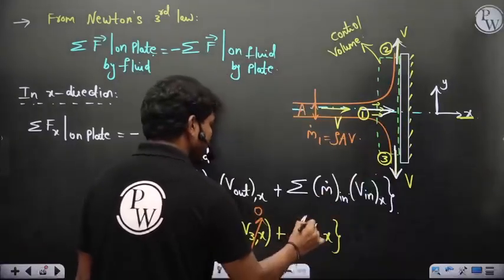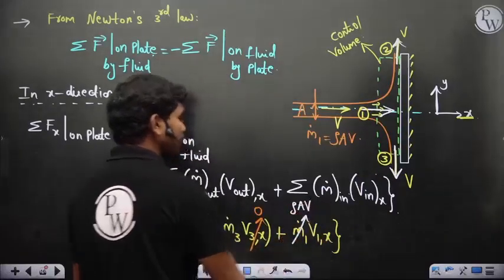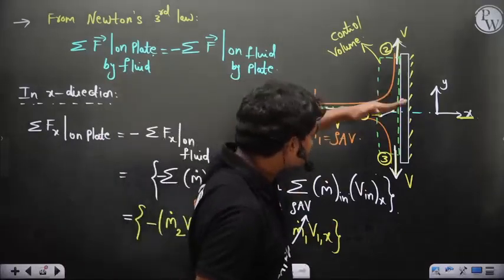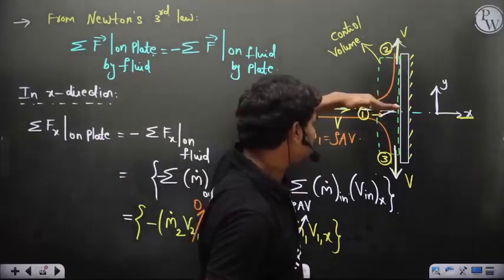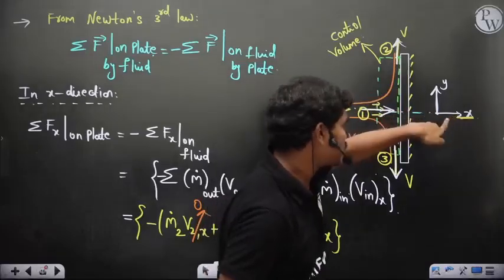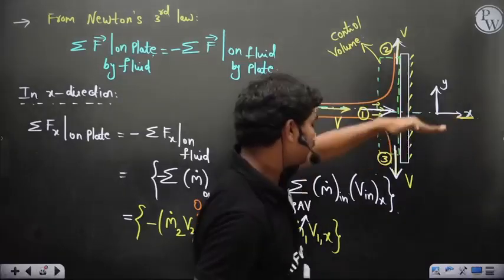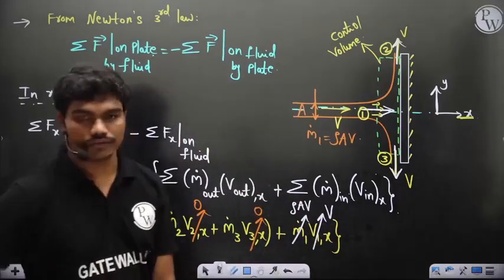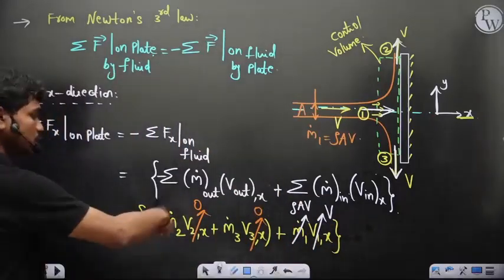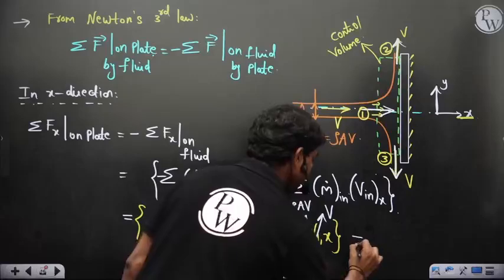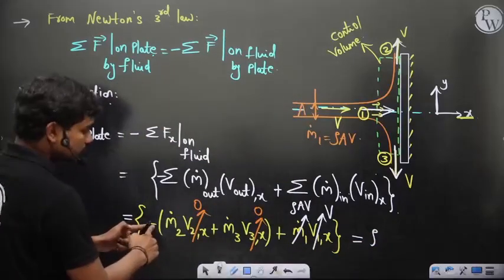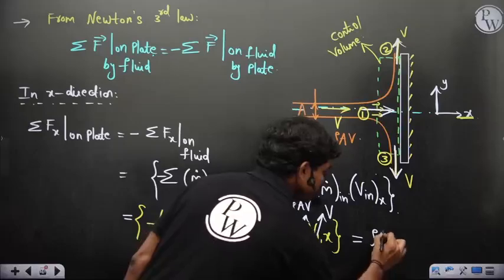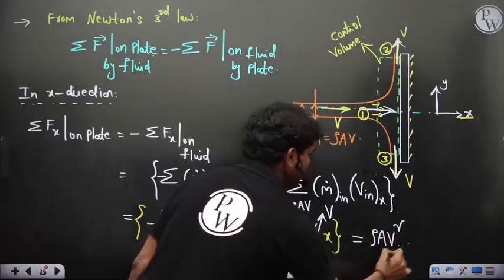Then v1x: the velocity of the fluid at section 1 is in the positive x direction, so the velocity here is V, of course. Simplifying the total result, the answer will be minus 0 plus 0, so total minus 0 plus ρAV into V, which is ρAV squared.